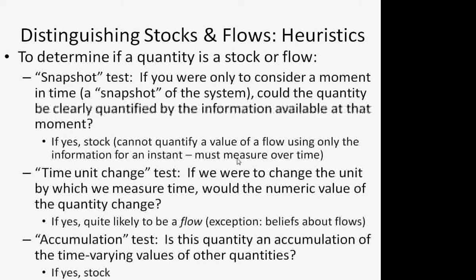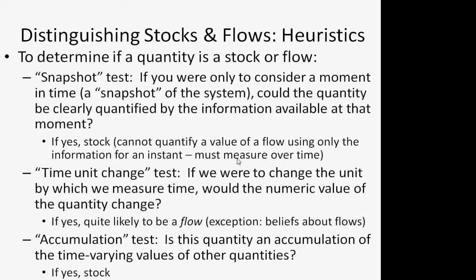If you froze the system in time, you'd be able to count the number of people with certain characteristics, but you're not going to be able to count at that moment the rate at which people are getting sick, because at that moment there might be a certain number who are, a certain number who aren't. If you were to describe it more carefully, you might say people in the midst of getting sick and quantify some sort of stock there, but fundamentally we can detect the values for flows here.